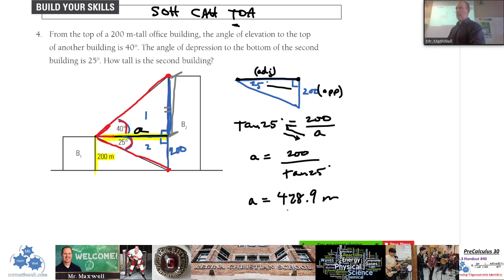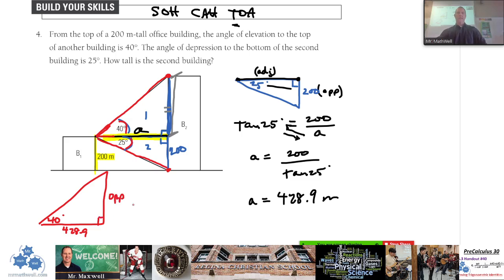All right, so as we keep going, now we have, and I'll draw the second triangle in red here. There's 40. Now I have 428.9 or 429 if you want. And then we can find this one now. So this is the opposite side.